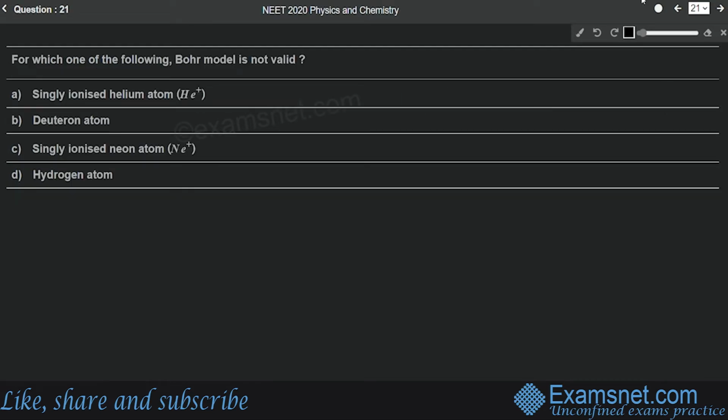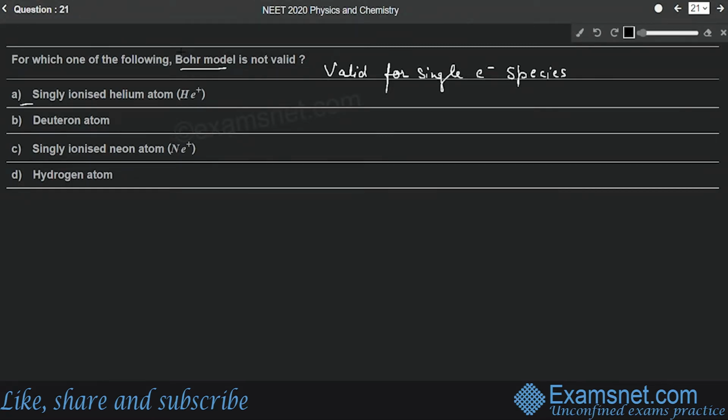Question number 21 is from the chapter Atoms, and the question is, for which one of the following is the Bohr model not valid? So here we should know that the Bohr model is valid only for single electron species, that means species having one electron only. So let's check the number of electrons in the given options. First one is singly ionized helium atom.